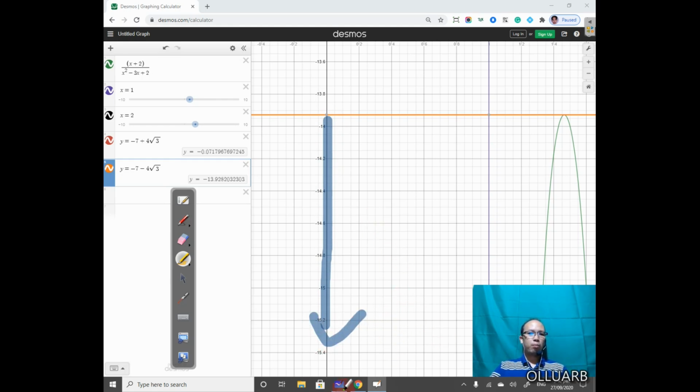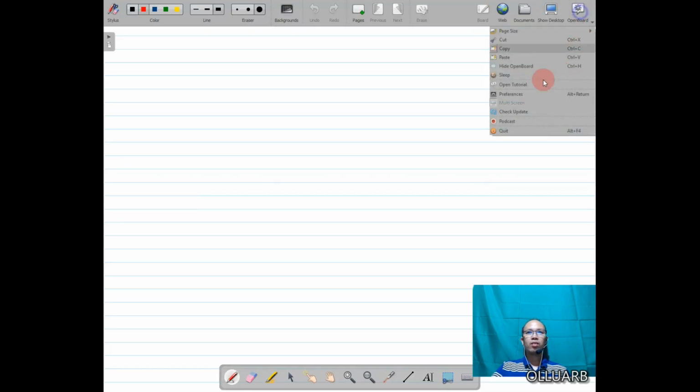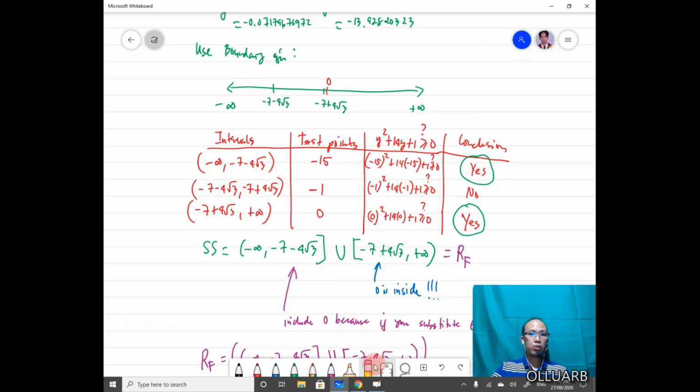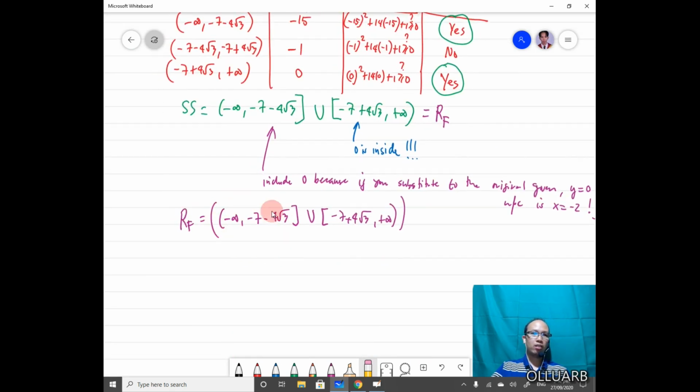So we have verified our result clearly. Based on the graph, we verify that our range is indeed this set.